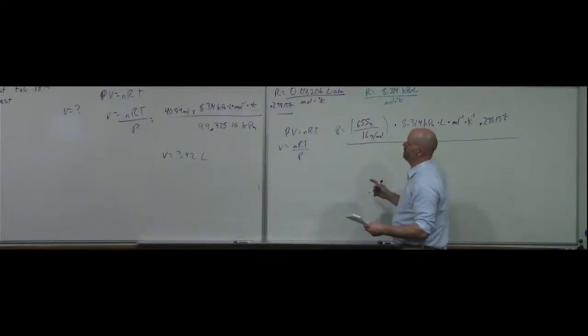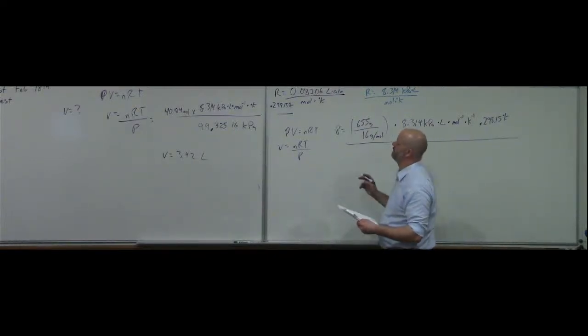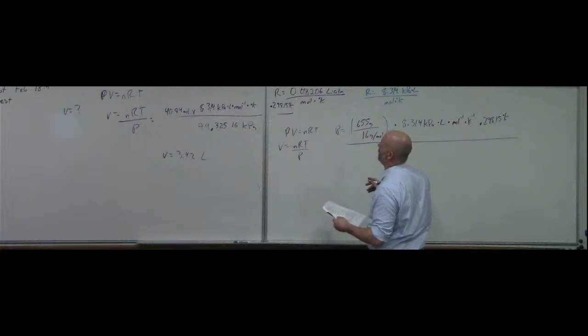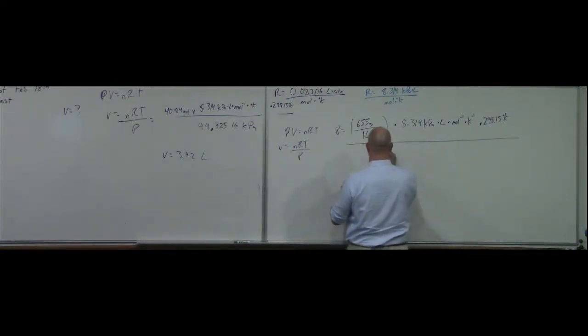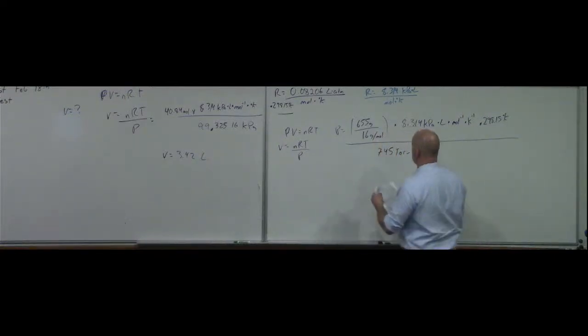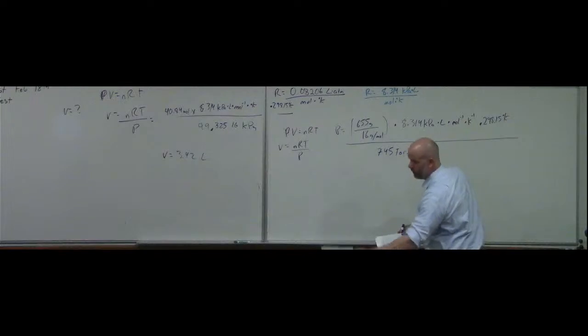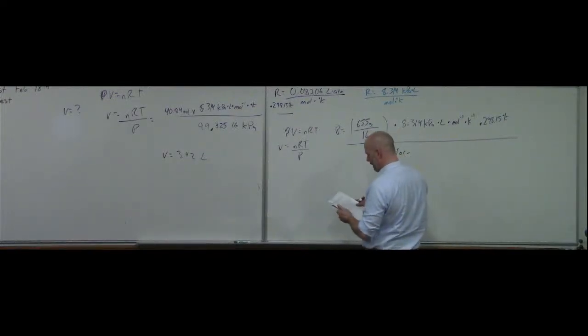Our pressure is on the bottom, and it was given to us in torr, 745 torr. Now we need to convert torr to kilopascal. For that, we go back to this sheet.